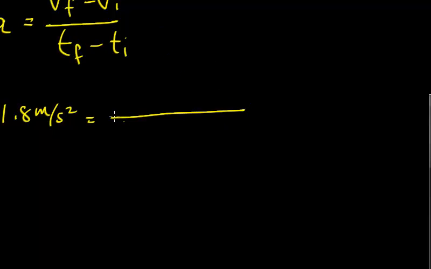We're going to have our final velocity, 0 meters per second, minus 9 meters per second, which is the initial. So it started off at 9, it ends at 0. The time we don't know, so we're just going to put t down there.